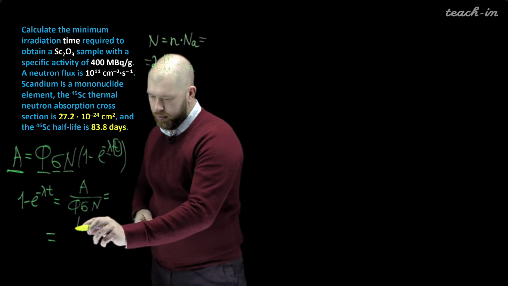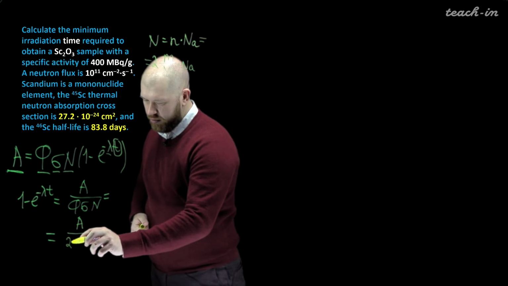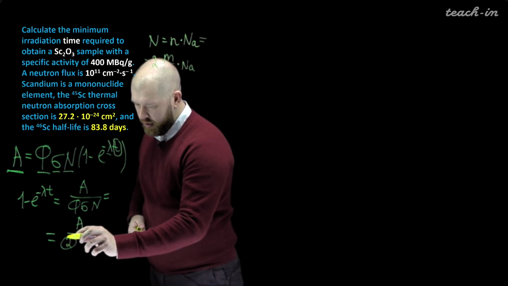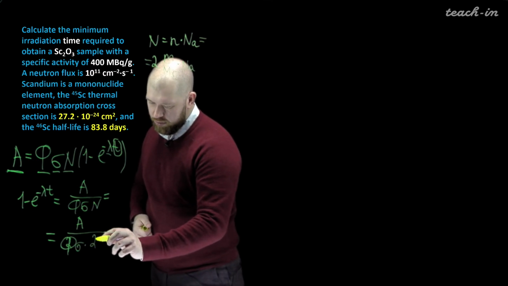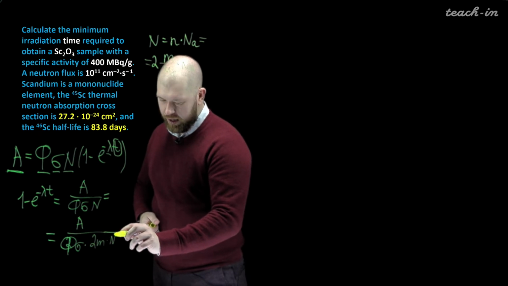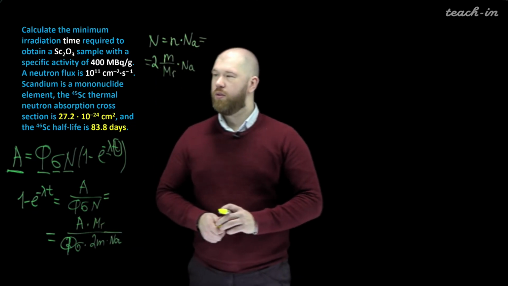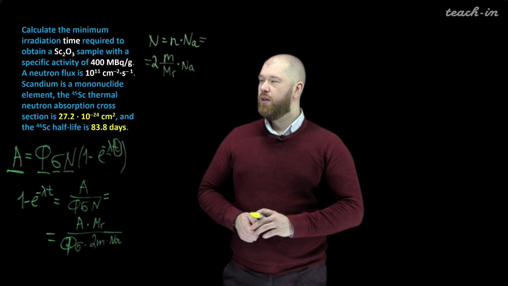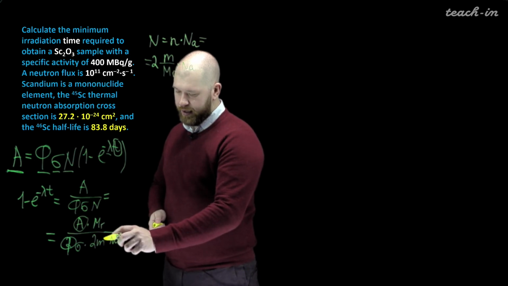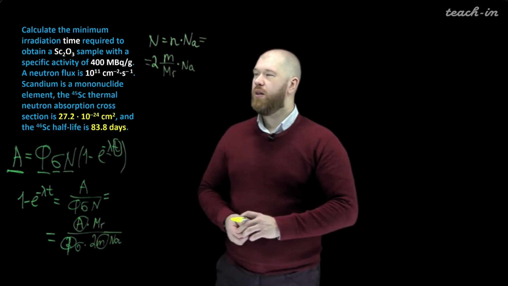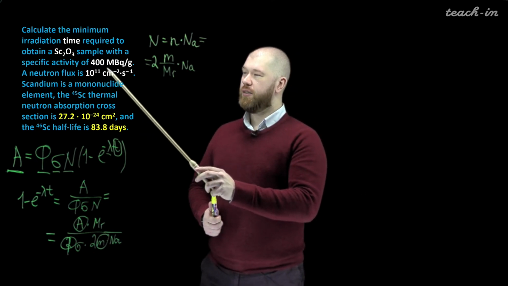So we will put this expression in our equation. It will be again phi sigma, then 2 masses multiplied by the Avogadro number, and then the molar mass will go to the upper part. And you see that now we have activity divided by mass, and we are asked to find this specific activity.